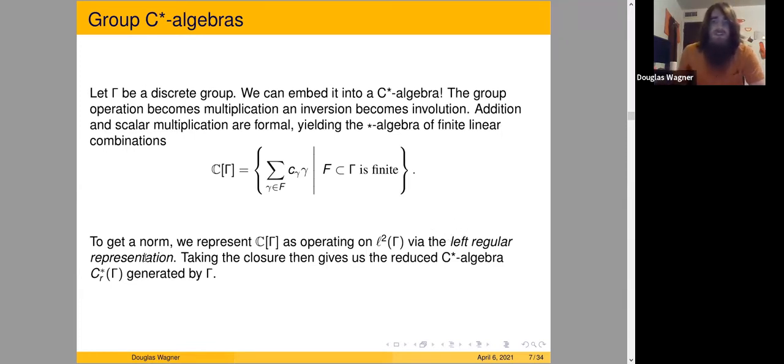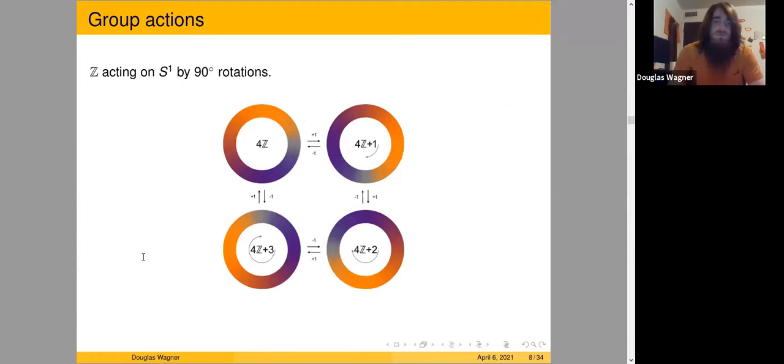The details of this representation don't really matter for now, but if you pay attention, you'll get an idea of what it is later. But you can think of how a group can act on a topological space, such as the integers acting on the unit circle using 90-degree rotations, which gives us this picture with cosets of 4Z.